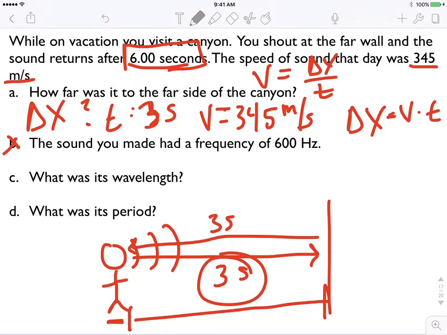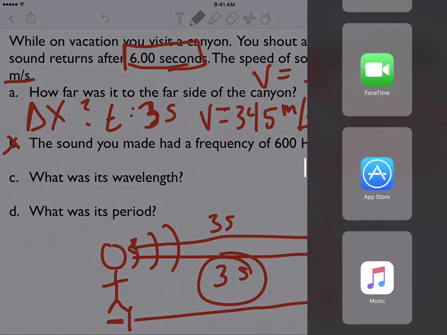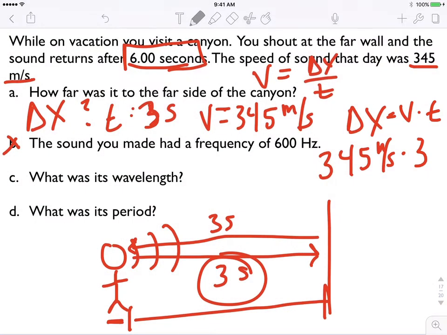So then we'll plug and chug: 345 meters per second multiplied by 3 seconds. Delta x is 1,035 meters. That's how far it was from this point to that point.